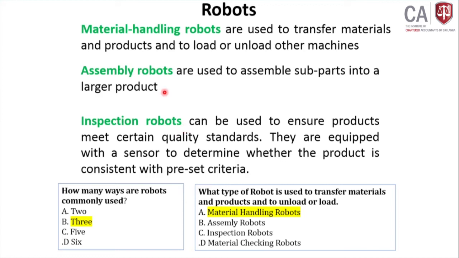They can inspect the quality of the goods. So they can scan the goods and see whether it is accepted or not. So there are 3 types of robots. In the question paper also they will be asking, like, how many ways are robots commonly used? 3 ways: material, assembly, inspection. That is mainly used, right?